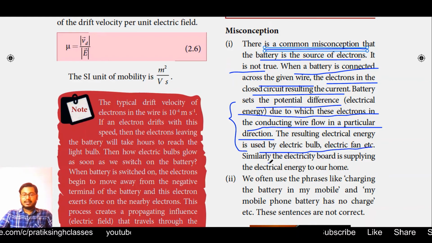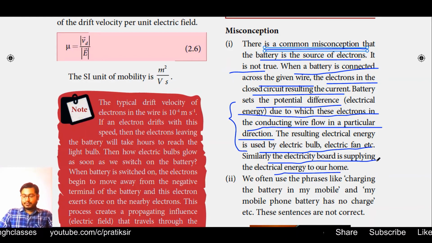Similarly, the electricity board supplies electrical energy to our homes. When we have no current, our household things are at zero potential, and the place where the electricity is generated is at very high potential. When these two places are connected by a wire, making the circuit closed, the current will flow from high potential to low potential, making it balanced.